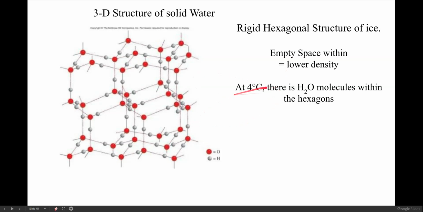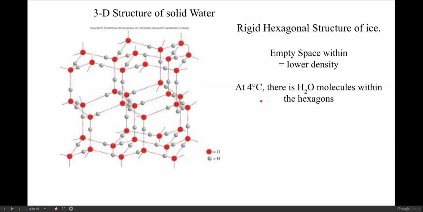So at 4 degrees Celsius, where it has its maximum density, this hexagon is, you could almost think of like a box that is loose enough that there's still an extra water molecule that can fit inside this.